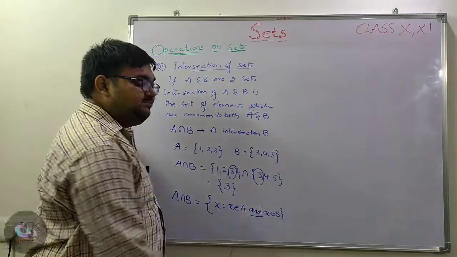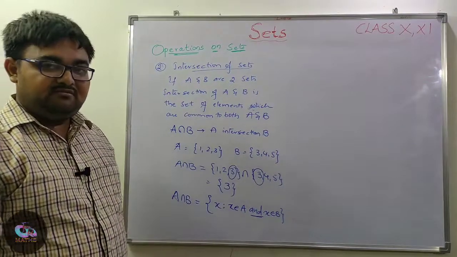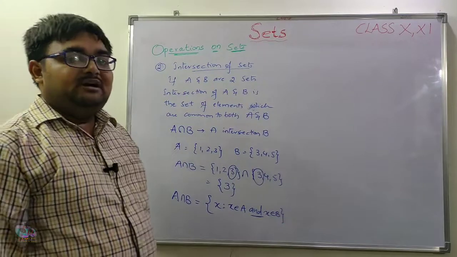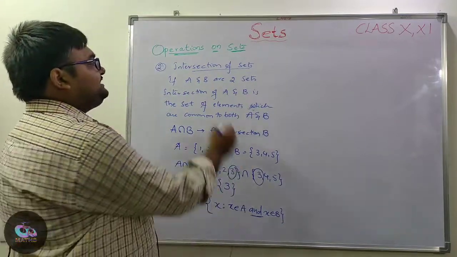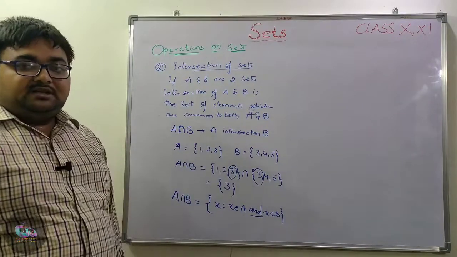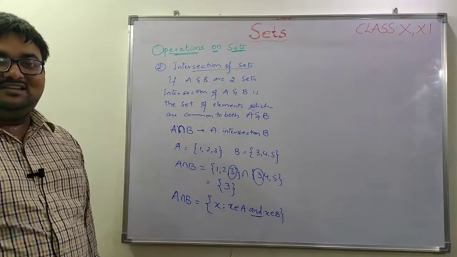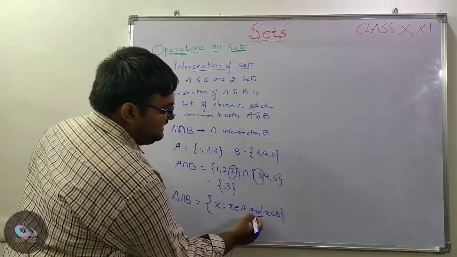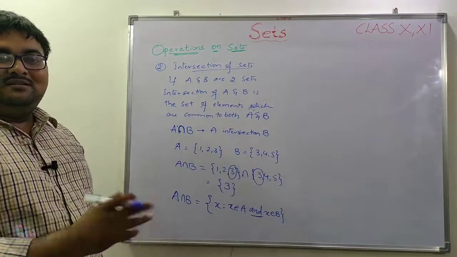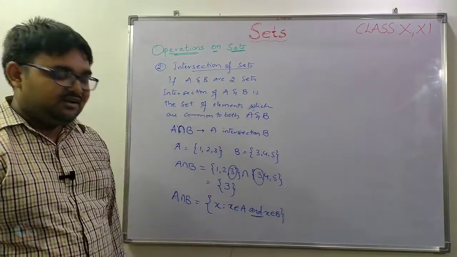Here A intersection B means it should belong to both sets A and B, and that is the representation. To remember it in a simple way, the intersection symbol, if you put it in one form, looks like N, and the same way in the word AND we have N. So we can correlate like that and remember it without any confusion.